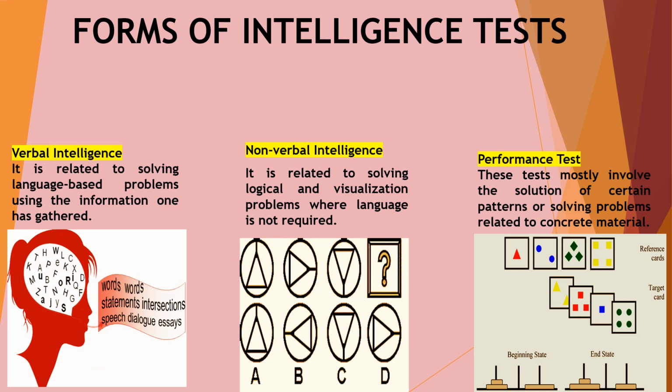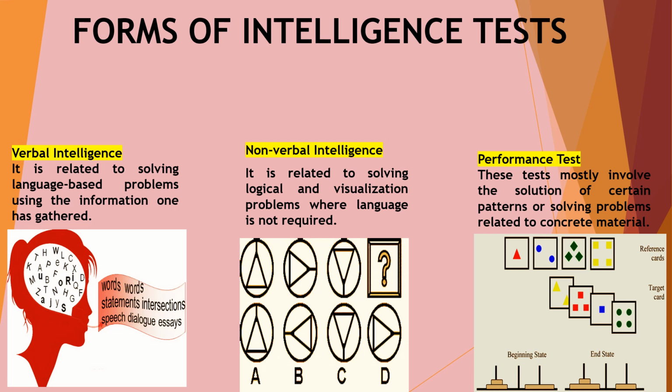Then spatial reasoning. It includes questions that require an individual to mentally manipulate objects in space or to visualize objects in 3 dimensions. Then visual memory. This test includes questions that require an individual to remember visual information, such as the position of objects in a sequence or details of a complex image.